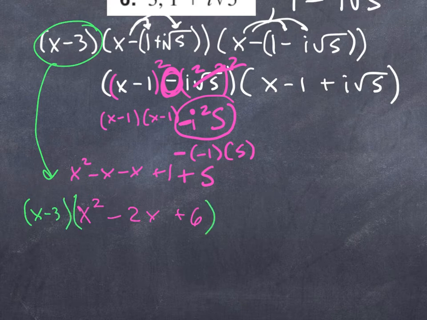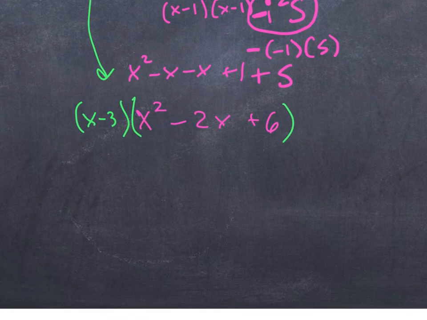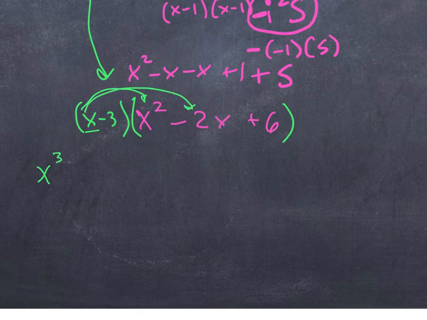So we got to make sure everything in our first parentheses gets multiplied to everything in our second. So x times x squared would be what? And then x times negative 2x, negative 2x squared, x times 6.